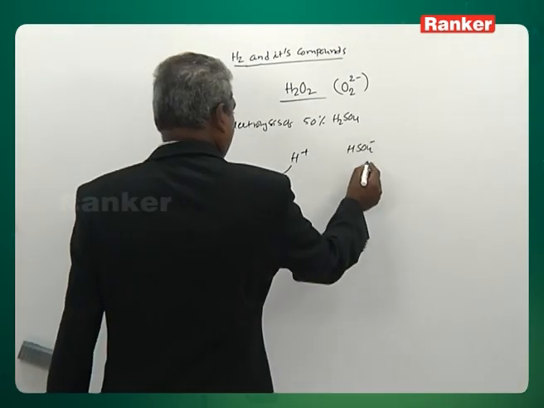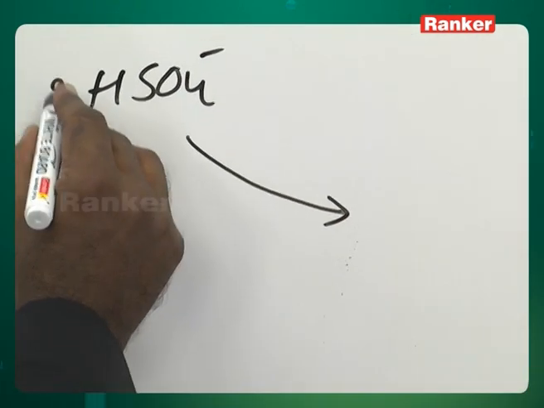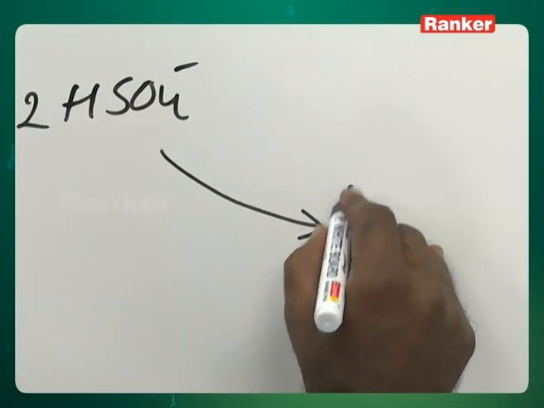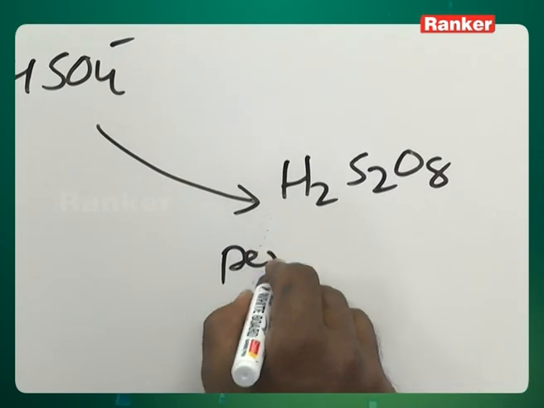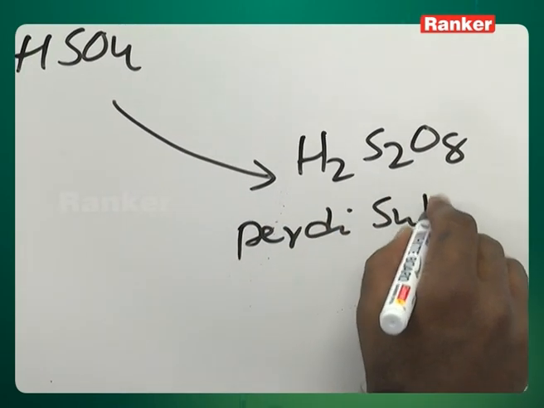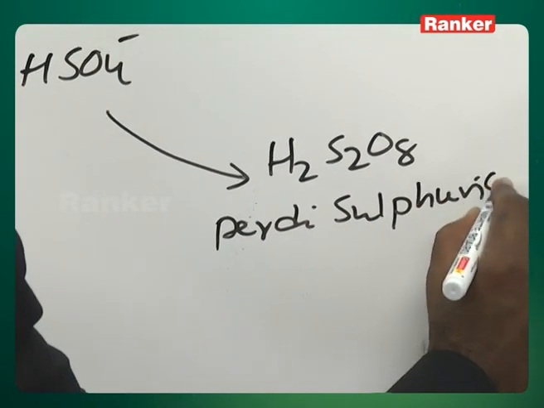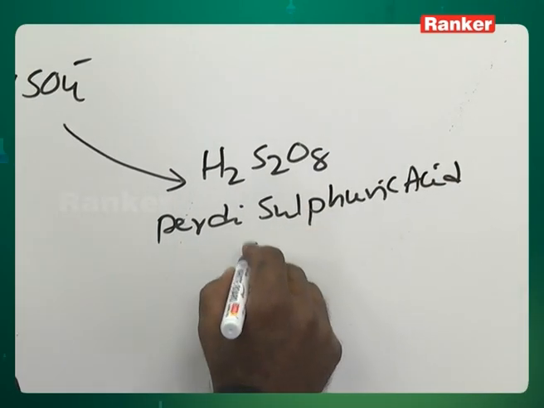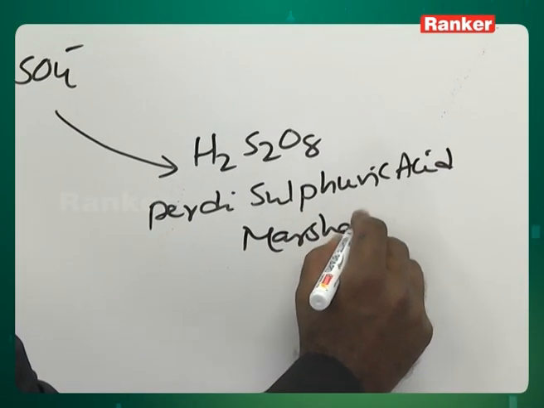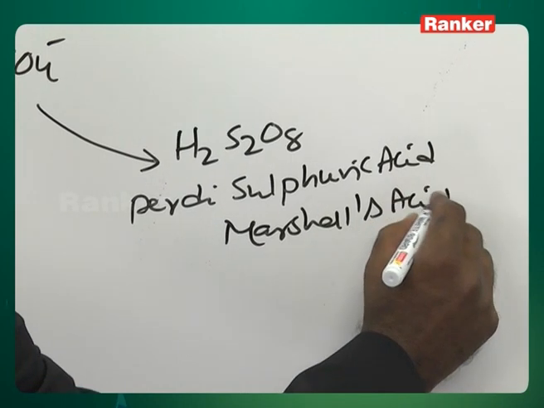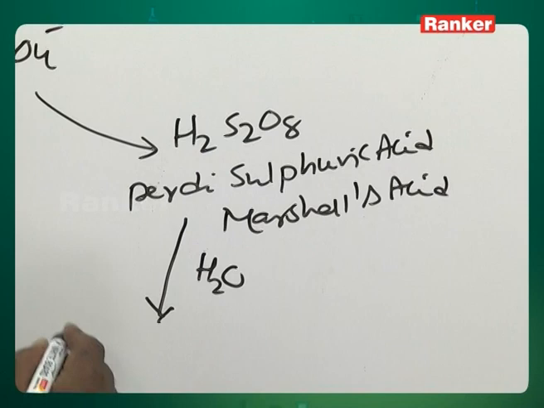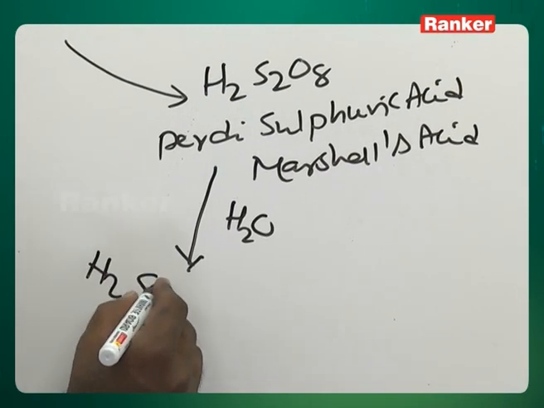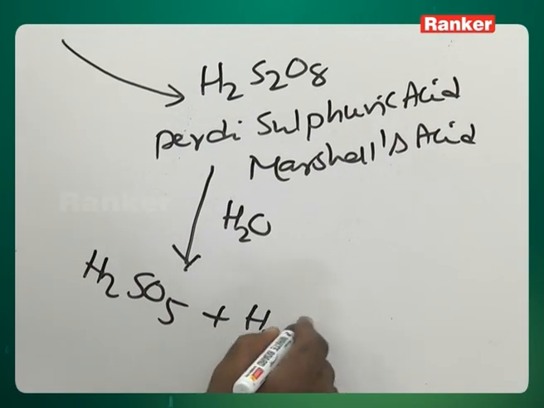And this HSO4 minus goes to the anode and becomes H2S2O8, which is called per-disulfuric acid, also called Marshall's acid. Names not necessary. And when you add water to this, you get H2SO5 and H2SO4.